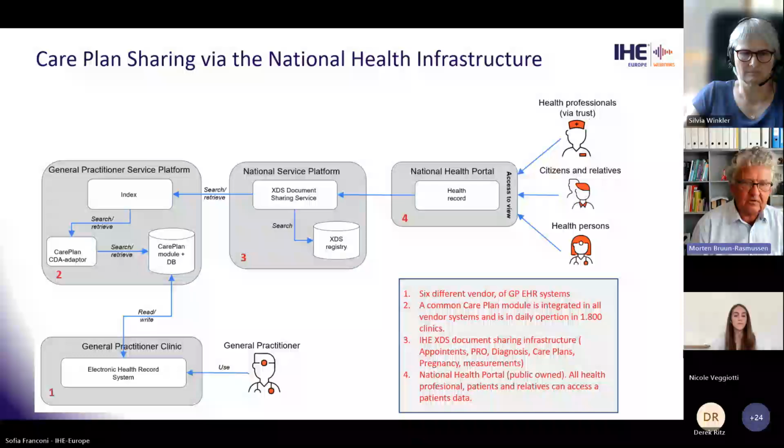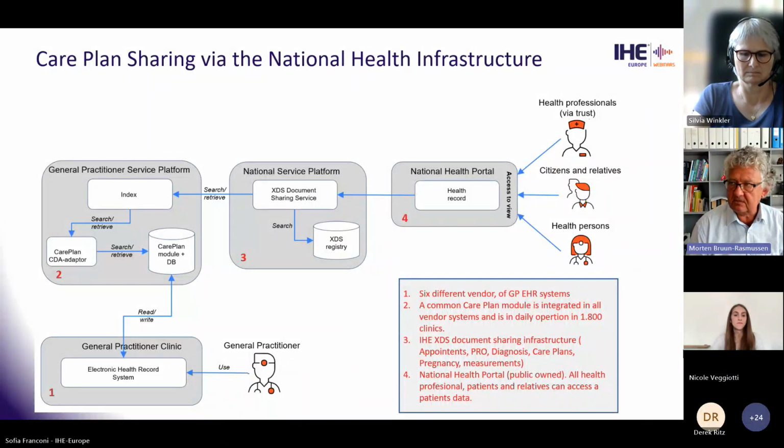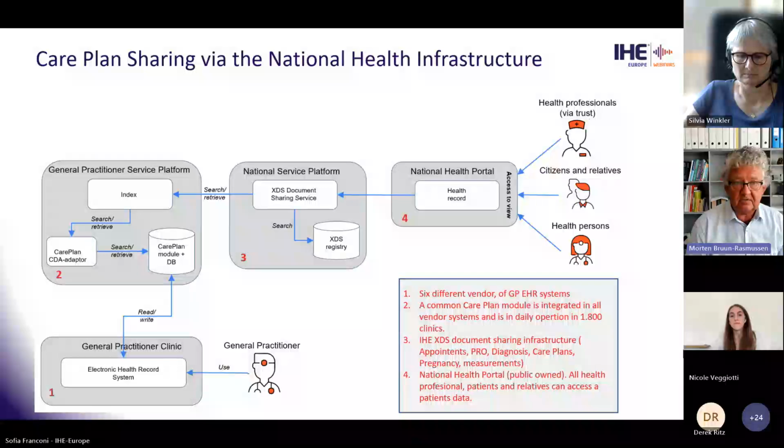So when the general practitioner goes into his GP system, looks up a patient, and presses a key to make a care plan, he is actually calling some services, screens, sharing of data, and a lot of different interactions. The care plan is stored in this database you see in box 2.